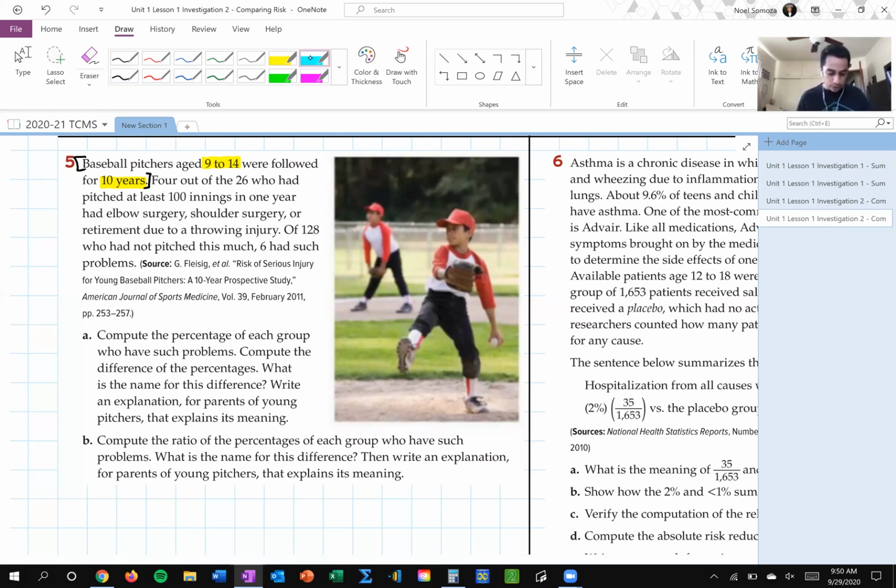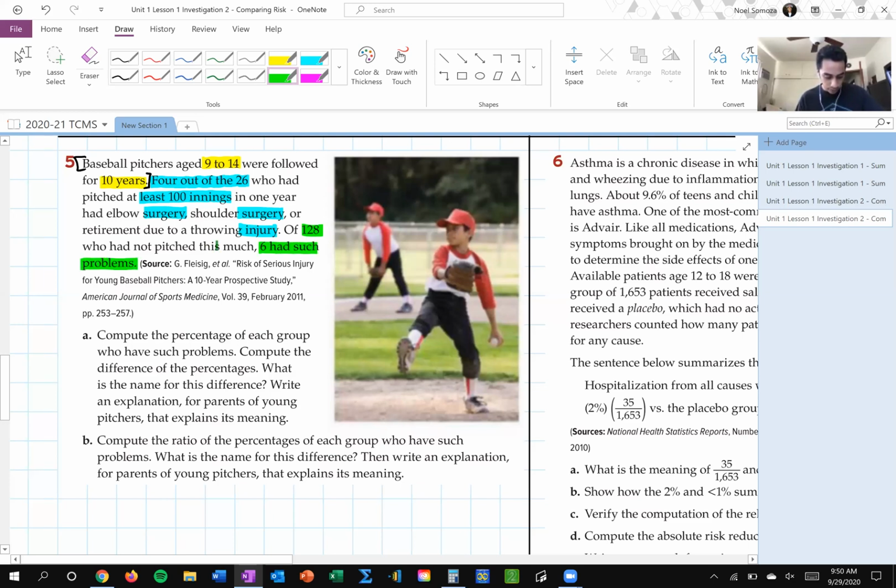But what we do know is that 4 out of 26 are the kids who pitched at least 100 innings and they had some sort of surgery or injury. The other set of kids would be out of the 128, only 6 had these problems.